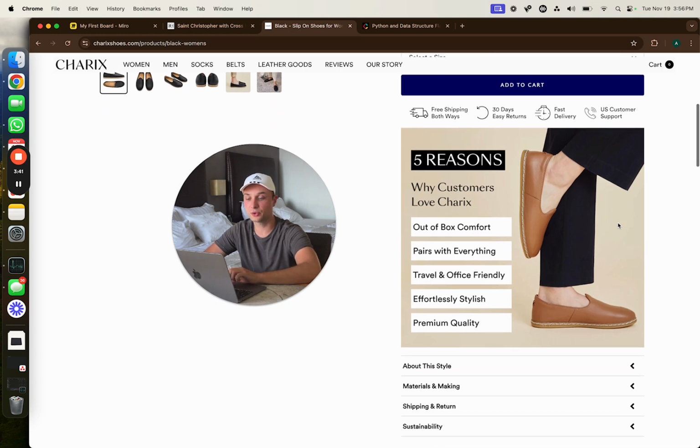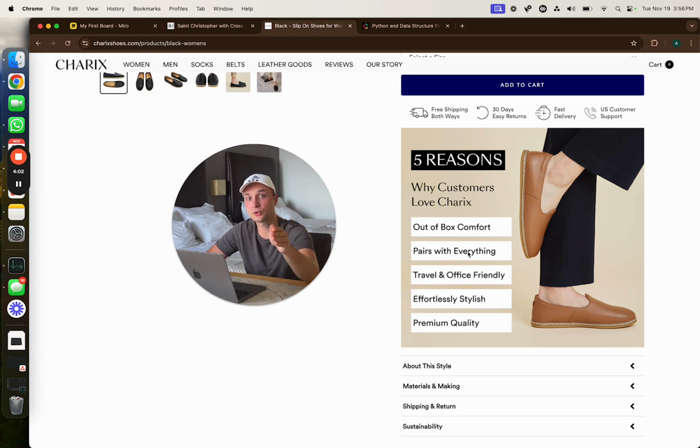So that's a very good use case. They're stylish and pair with everything, so every clothing you have is going to work perfectly with the shoes. Basically, take all of the fear and questions that a potential customer might have out of the way, but in a very simple way.